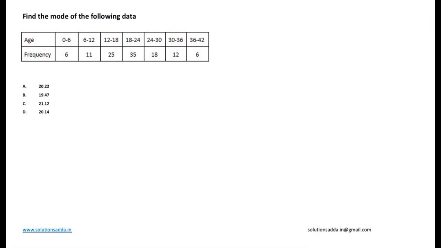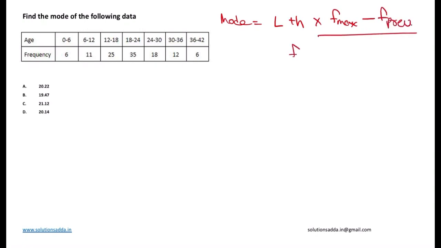So we know the formula for mode is equal to L plus H into (frequency maximum minus frequency previous) divided by (f max minus f previous plus f max minus f next). So L is the first year of age for the maximum frequency.